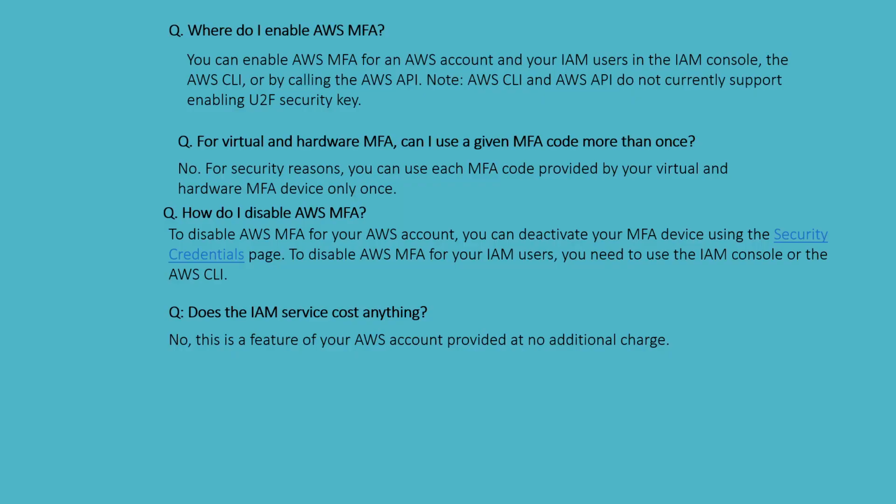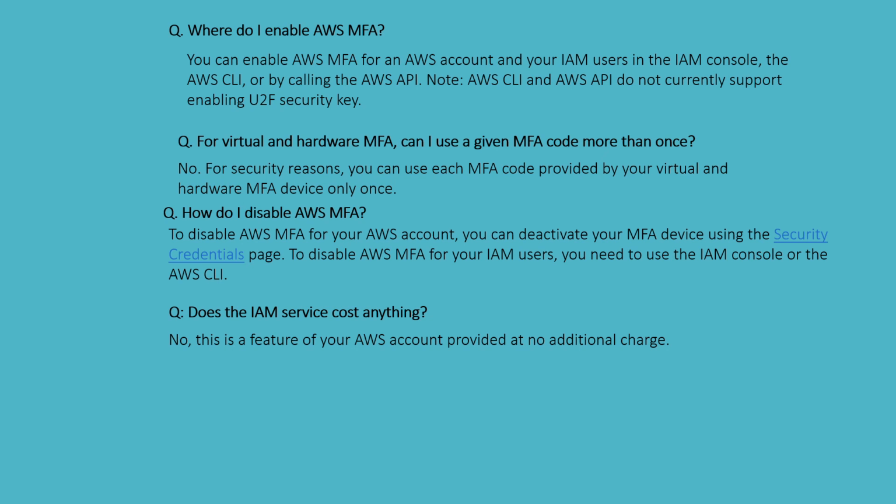Where do I enable AWS MFA? You can enable AWS MFA for your account and IAM users in the IAM console, the AWS CLI, or by calling the AWS APIs.